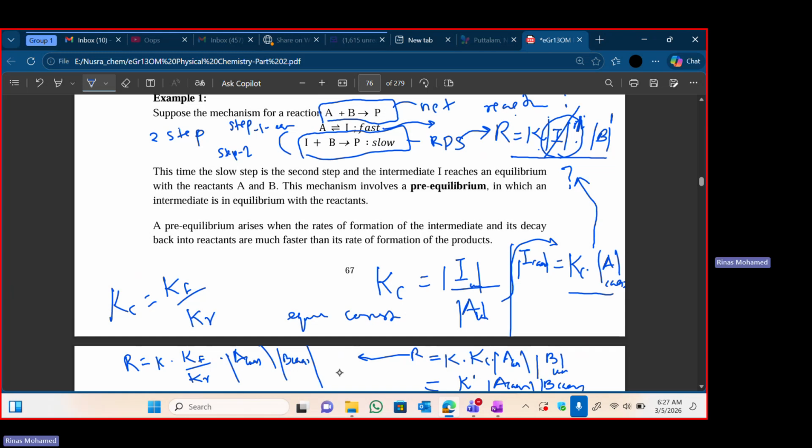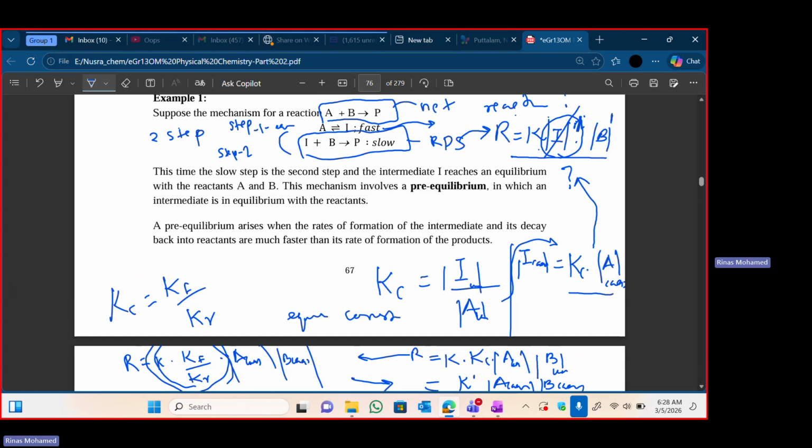After this step, all together, I can put K dash, A's concentration and B's concentration.